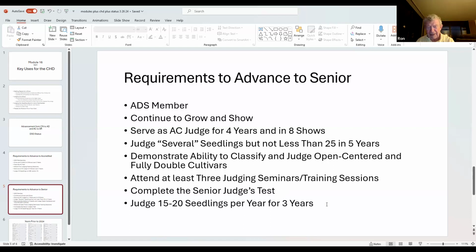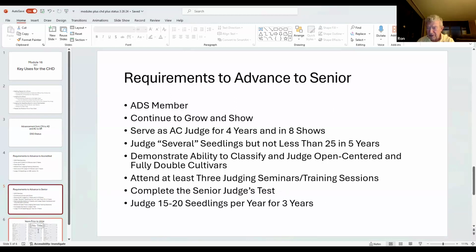Actually, the way the rule is worded, it almost says that's kind of an or option, as opposed to all of this other stuff. You need to do the test and you need to do the seedling evaluations, if that's easier for you.